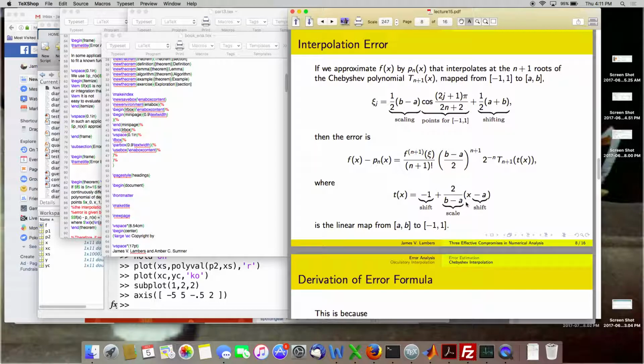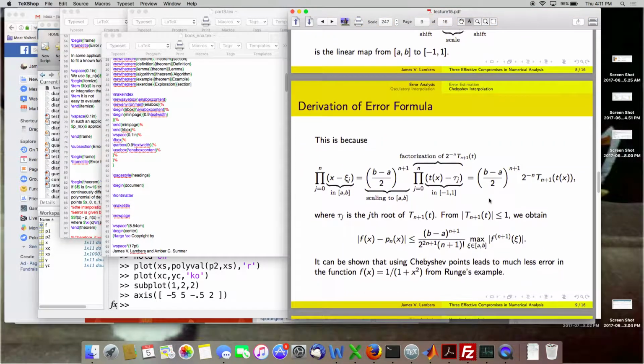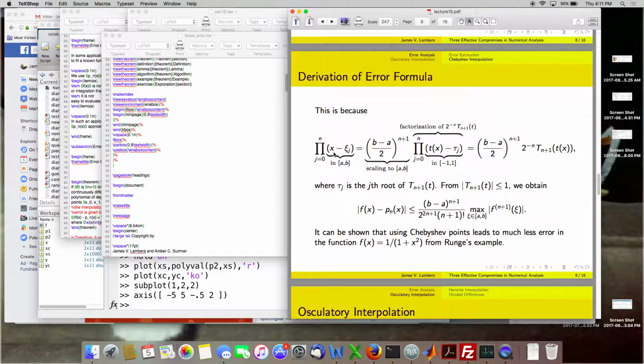I'm mapping points in [a, b]. So x is in [a, b], t is in minus 1 to 1. And that's worked out more carefully over here. This is that part of the error that I showed you earlier, x minus each of your interpolation points. And these are in [a, b]. But I can express this difference of points in [a, b] as a difference of points in minus 1 to 1 times this scaling factor, (b minus a) over 2.